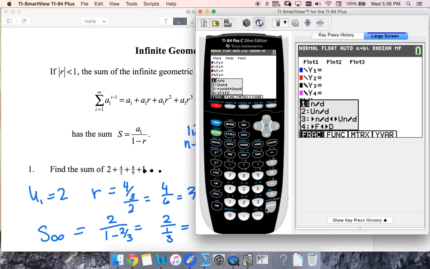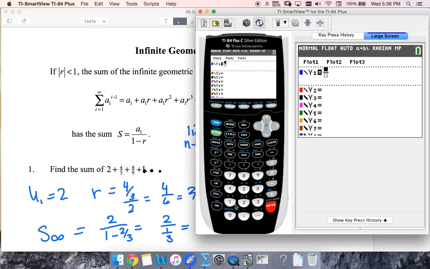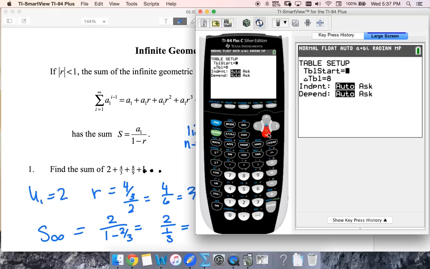So I'll make a fraction, and I'll have u1 times my r value, let me put it in parentheses here, 2/3 raised to the x minus 1, over 2/3 minus 1. All right, so now I'm going to go into my table, start at 0, and count by tens.